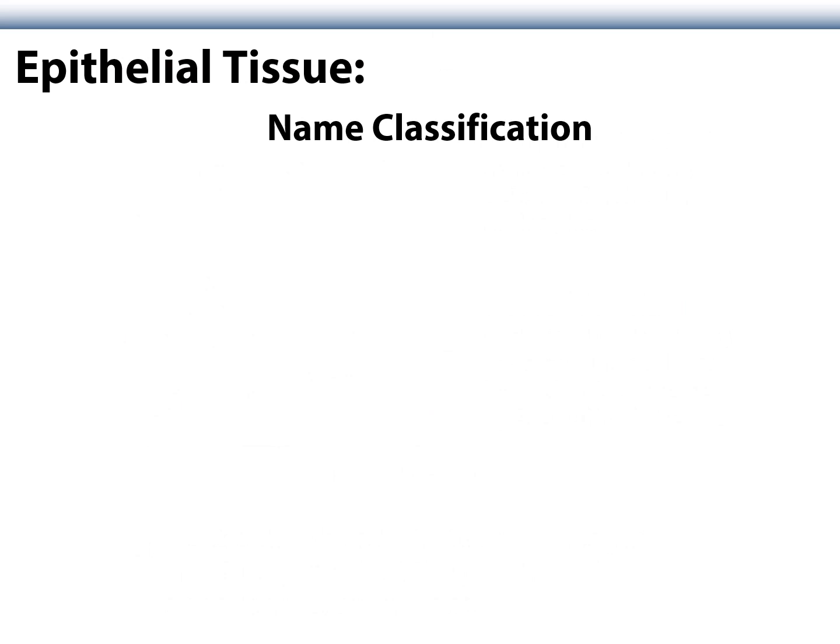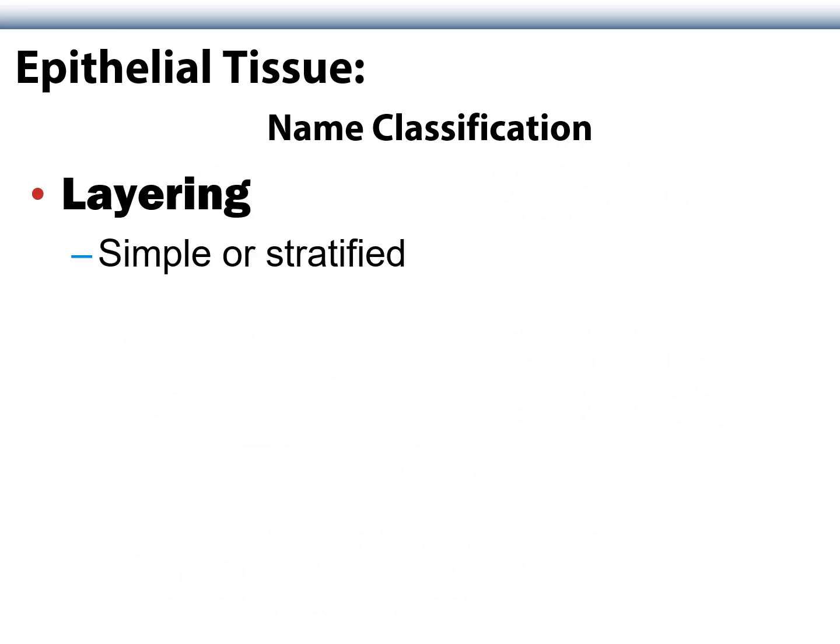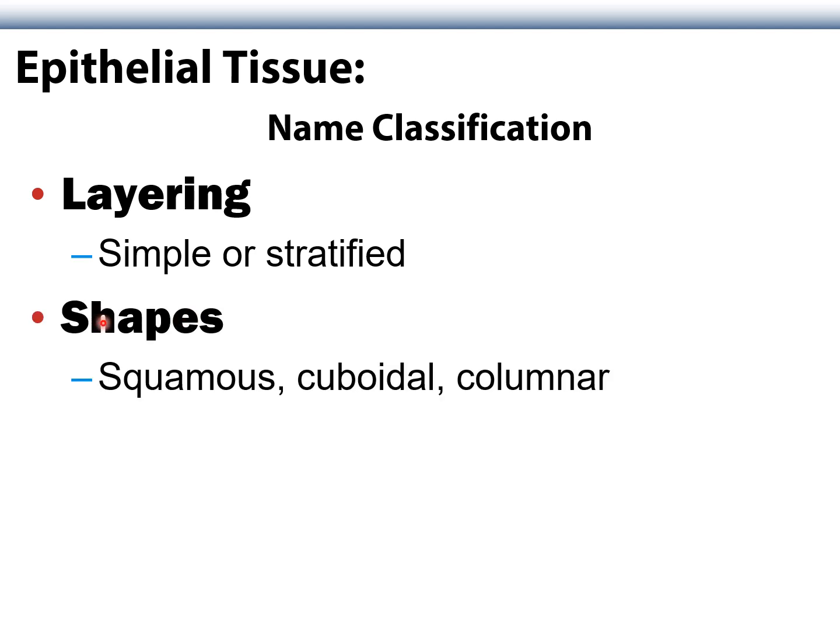We classify epithelia by its structure, how much it's layered. So I said simple or stratified. And again, there are some in-betweens. It's an artificial construct trying to label these sometimes. And then the shape. The squamous epithelia looks kind of irregular, but somewhat rhomboidal occasionally. You can see square cube shapes or these long cube shapes that we call columns.